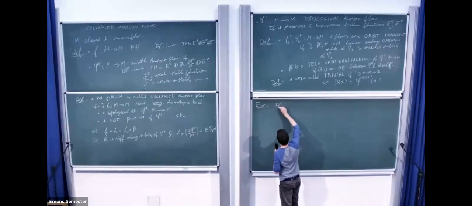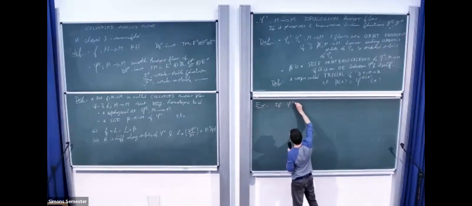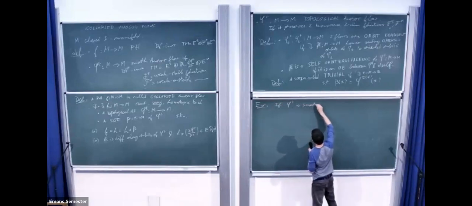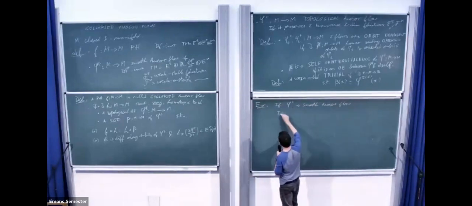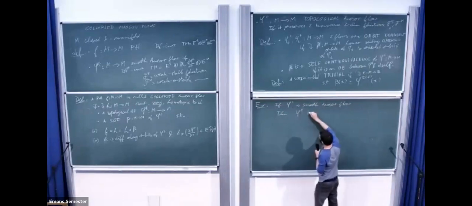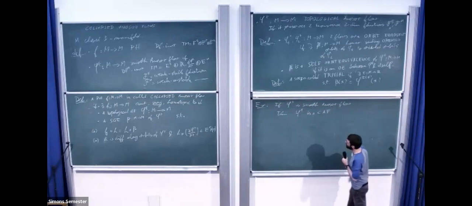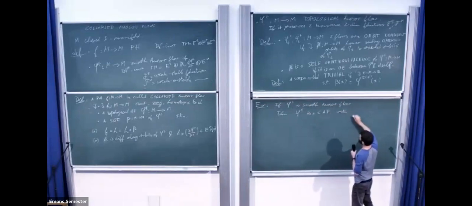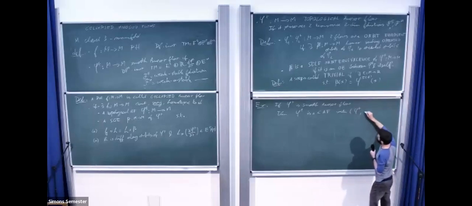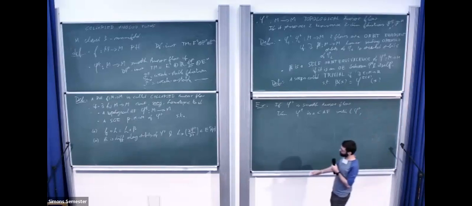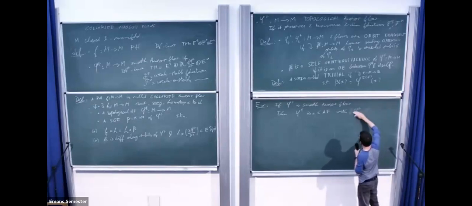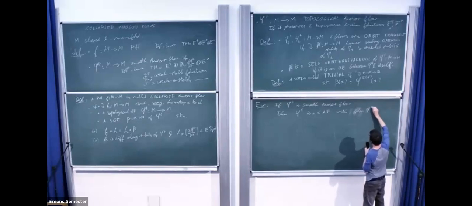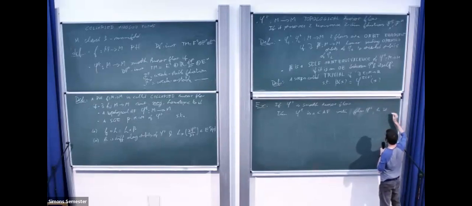Well, my favorite one. If it is a smooth Anosov flow, then phi1 is a collapse Anosov flow with the flow phi t, h being the identity, and beta equal to phi1.